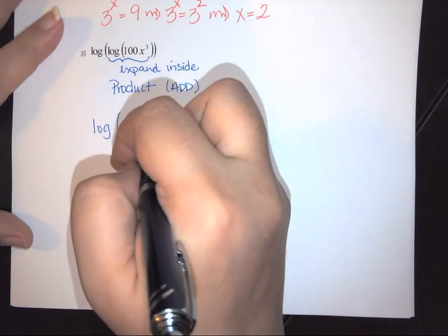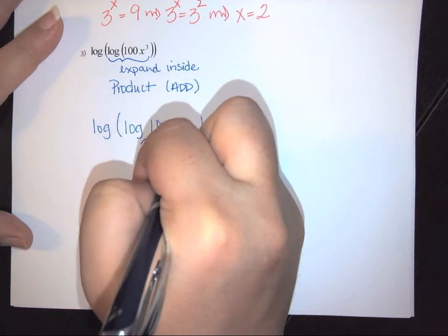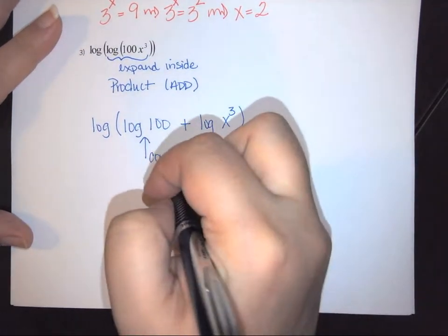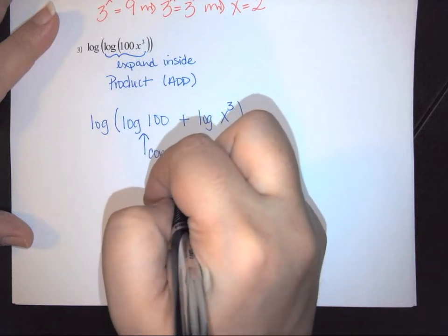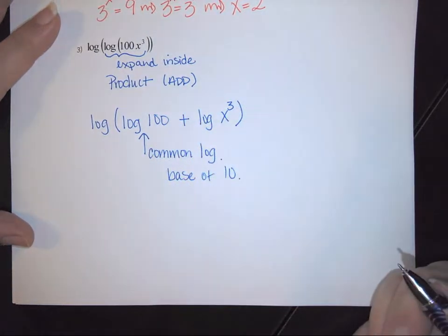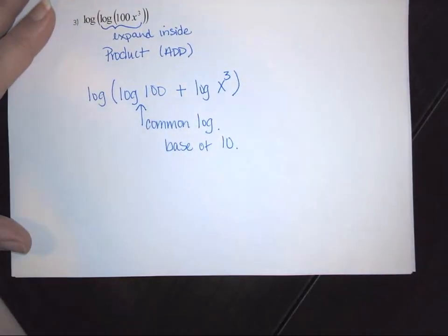This right here is our common log, which means it actually has a base of 10. So we can actually simplify that.